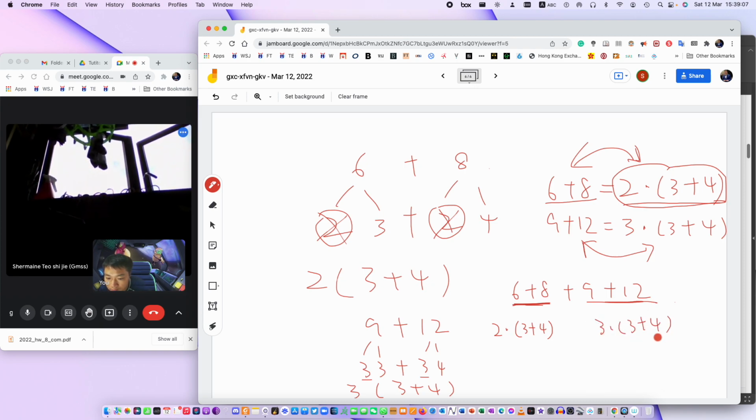Correct. They are interchangeable. That's why I can replace. So this whole addition of 4 numbers, you end up with this. Then what is the next step? The next step is this. Can you see that this one and this one is the same?